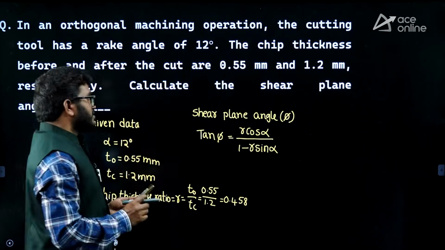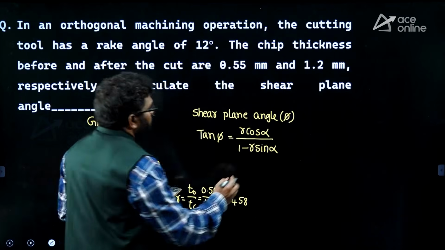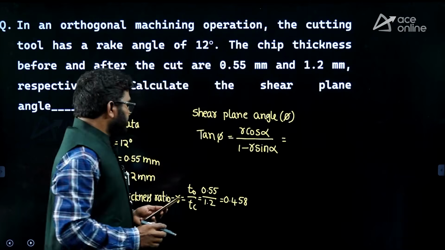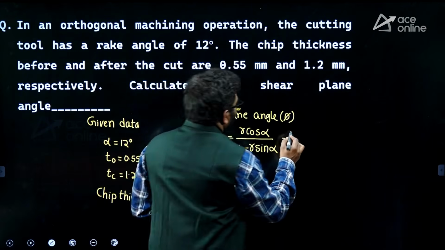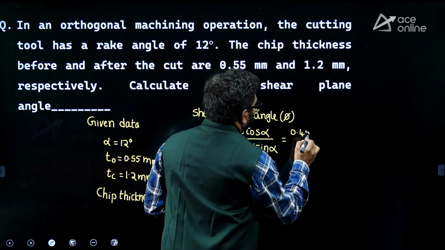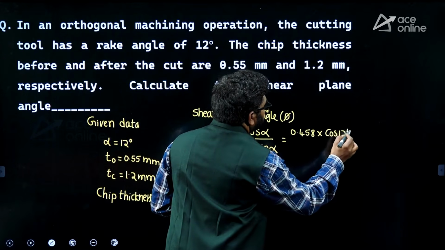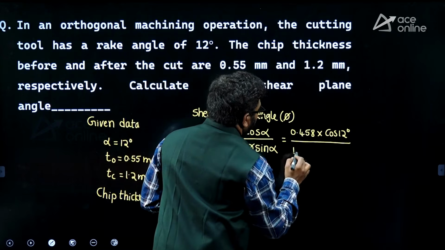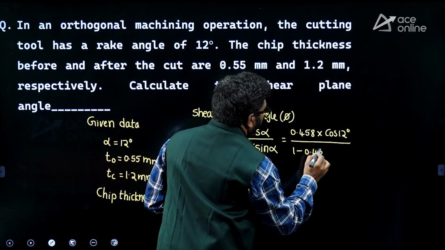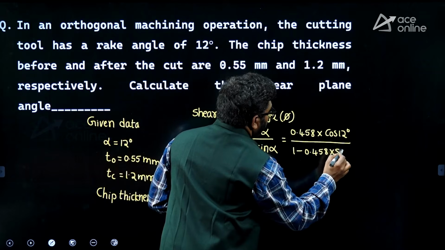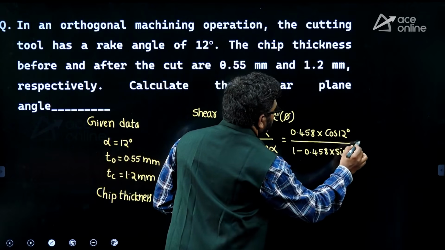0.458 is the chip thickness ratio. Now, from this, substitute in this equation: 0.458 into cos 12 degrees divided by 1 minus 0.458 into sin 12 degrees.